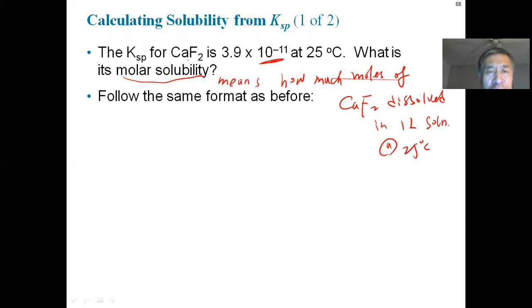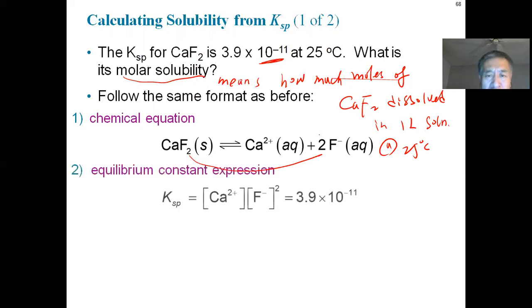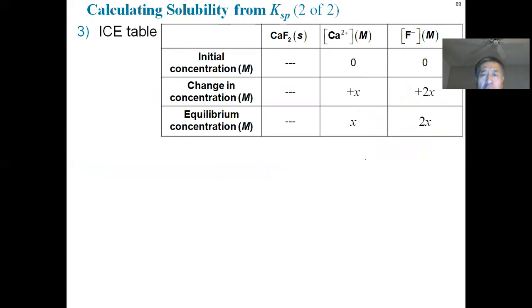As soon as this dissolves, because it's ionic, it will dissociate into ions. So you want to first write out your dissociation equation or equilibrium equation. These 2 come from this subscript. Once you have that, you write out your equation for the KSP. Next, you will use your typical ICE table.